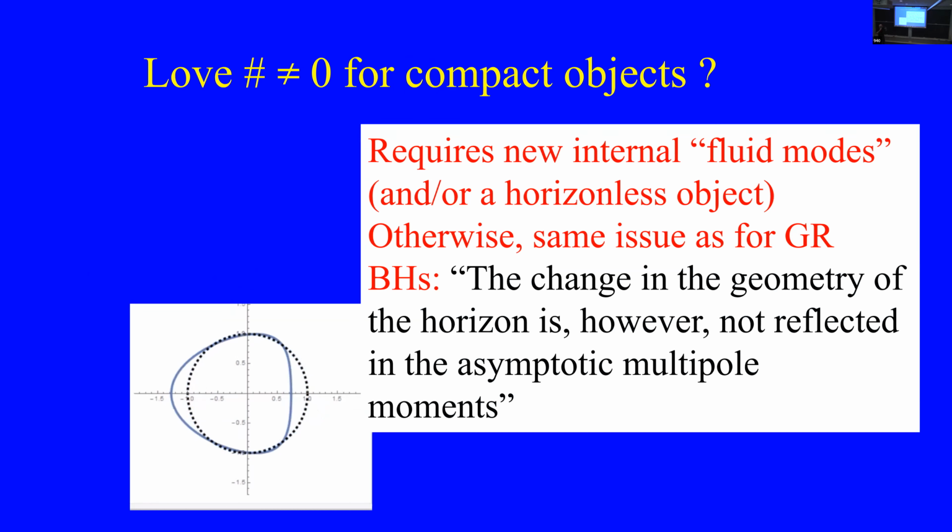Either you need new internal fluid-like modes, so there is a physical deformation of the object, or no horizon, or both. The difference between this case and the GR case is that deformations do not produce physical effects for observers at infinity.